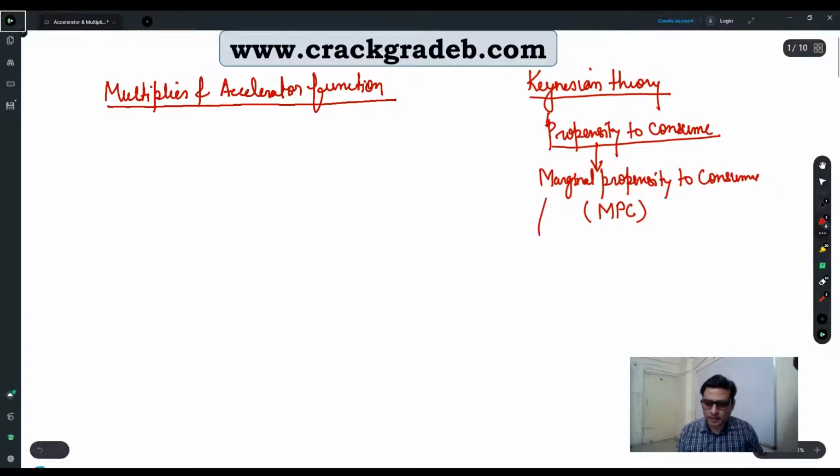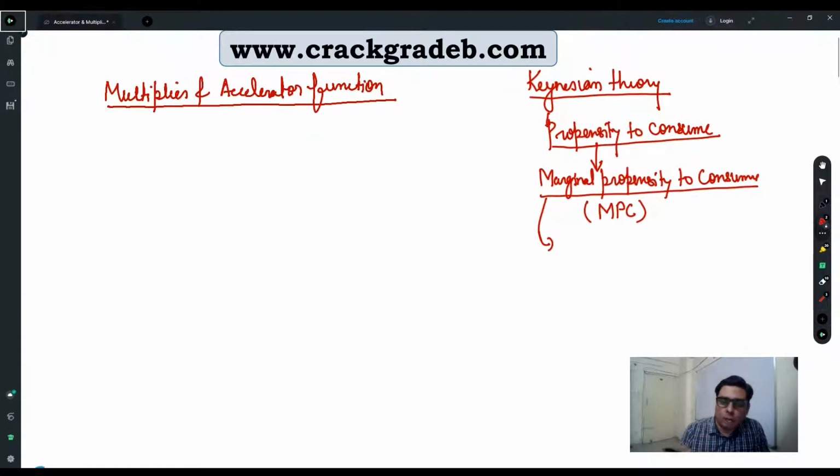What does it explain? Propensity to consume means how much we are going to consume of our total income. So of total income, how much we consume is shown by the propensity to consume. Then what is marginal propensity to consume going to show? An increase in the income.